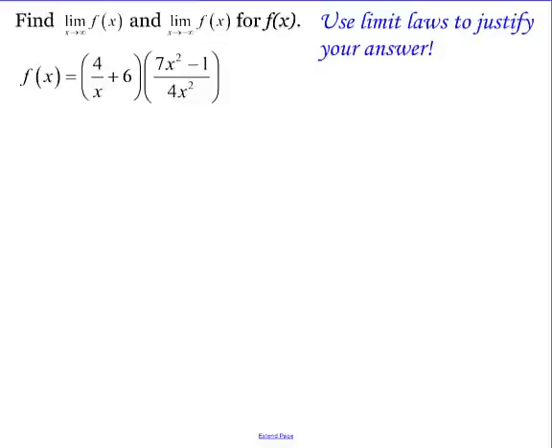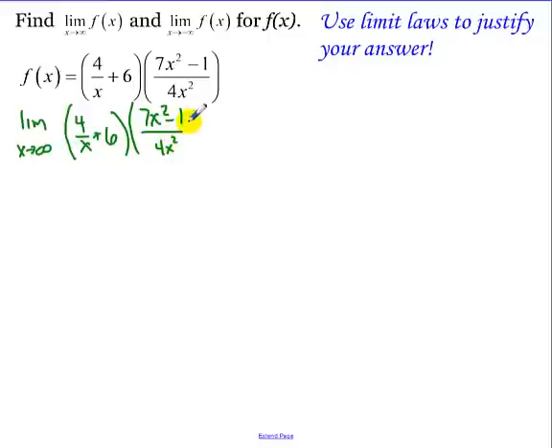Now finding positive and negative infinite limits and using limit laws to justify our answer. Okay, so first we're going to find our positive infinite limit. Since this function is a product, I can separate our limits out.